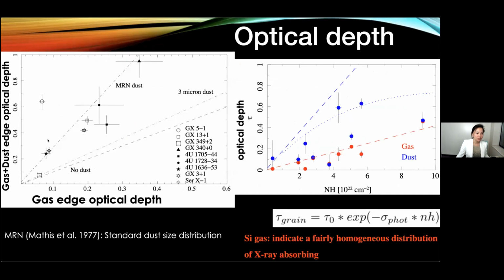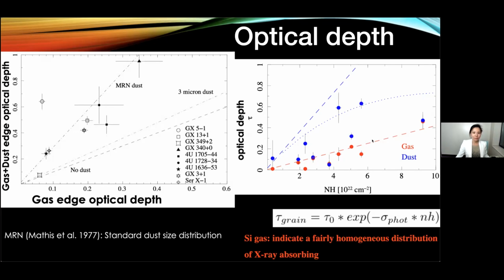For most of the sources, they are consistent with the MRN standard dust size distribution. On the right figure, I put the optical depths as a function of the hydrogen column density. The red dots are the gas optical depths, and the blue are the dust optical depths.